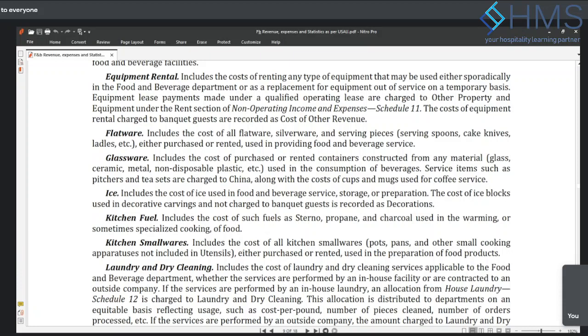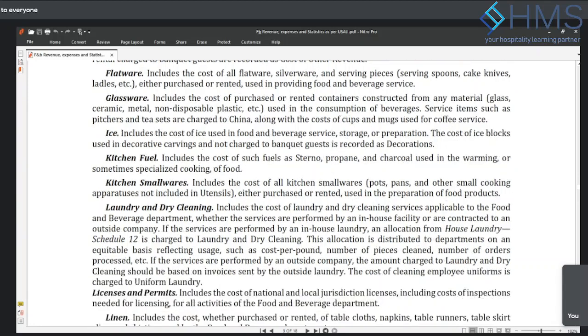The kitchen fuel will include the sternos, propane, the charcoal used, but not the cooking gas. Cooking gas goes in the utilities sometimes, because they may not be able to specify how much is used by the kitchen. If they can, then the cost will come here.